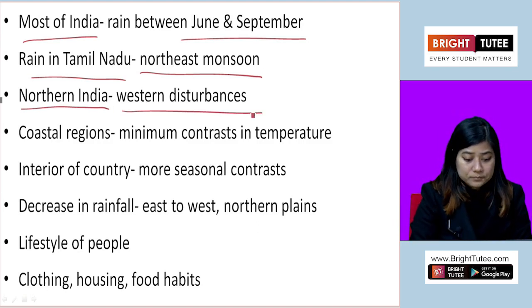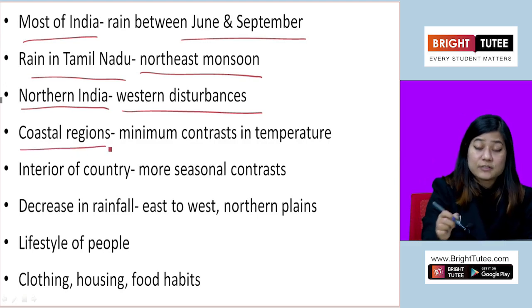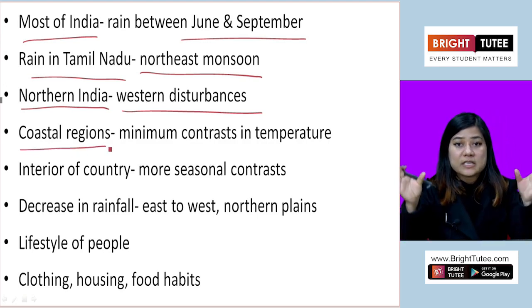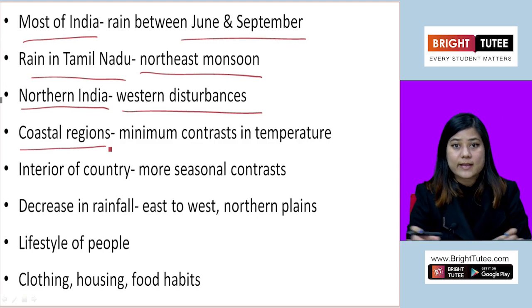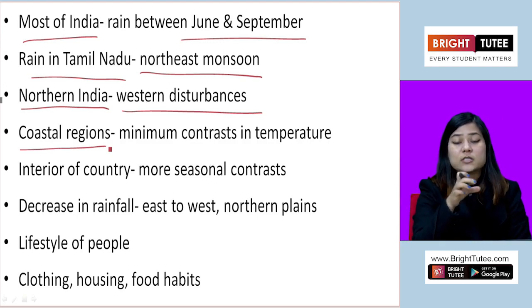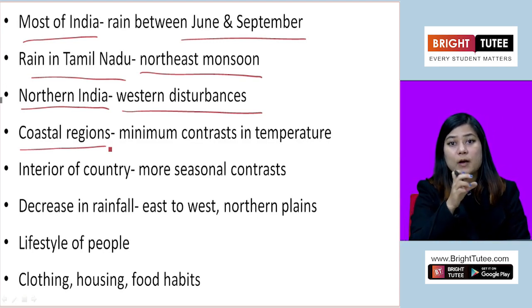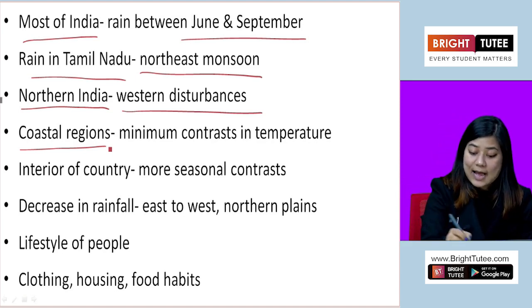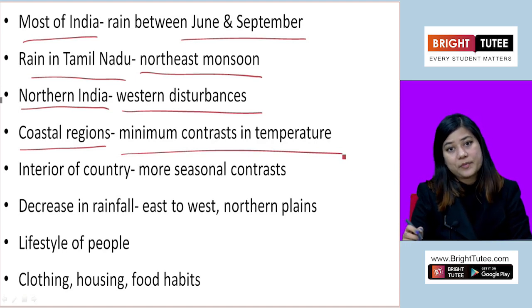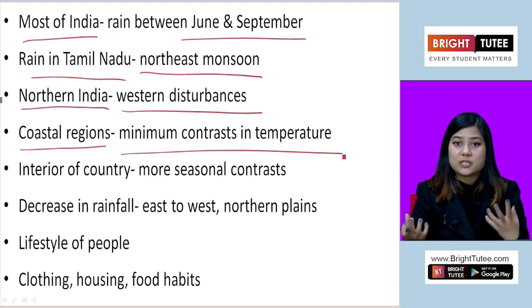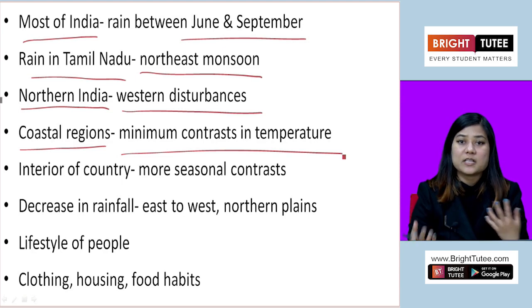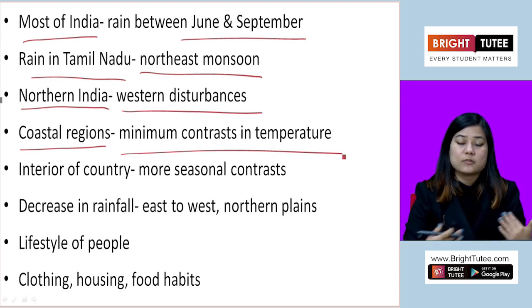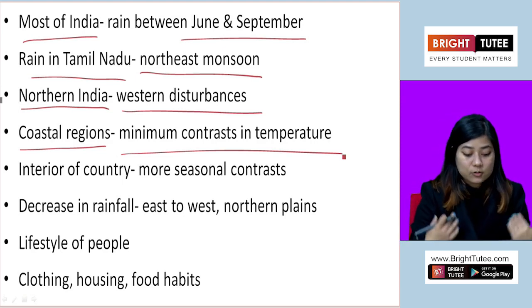Okay. Now the coastal regions, meaning the coastal areas which circle or act as a boundary along peninsular India, have minimum contrast in temperature, meaning the temperature does not vary there. It remains almost the same in the eastern coastal plain and in the western coastal plain.